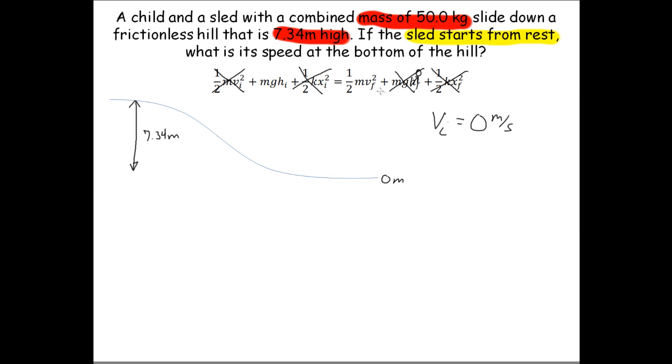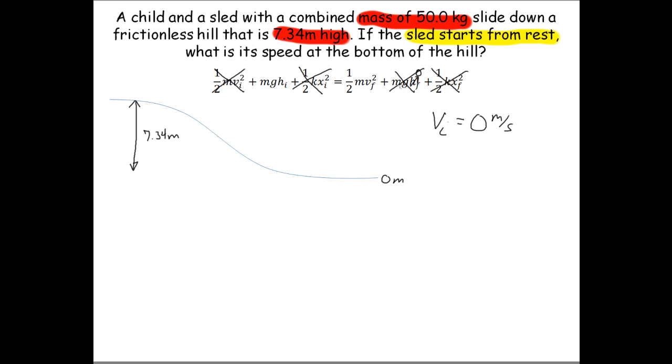Now there's another thing that I can cancel out, and I can't stress enough how easy this is to do if you first realize that there is no spring in the problem. If there is no spring, so no 1/2 k x_i squared or 1/2 k x_f squared, I can actually cancel out the mass, because this term has mass, this term has mass, this one has mass, and this one has mass.